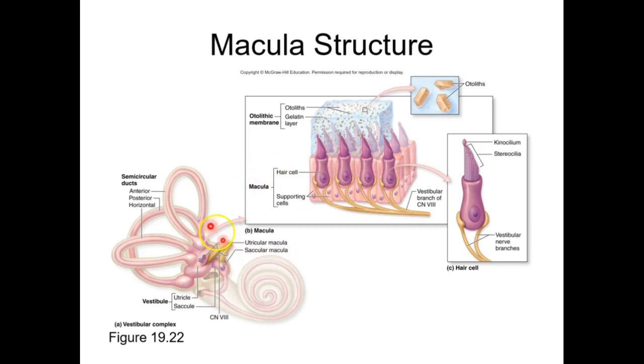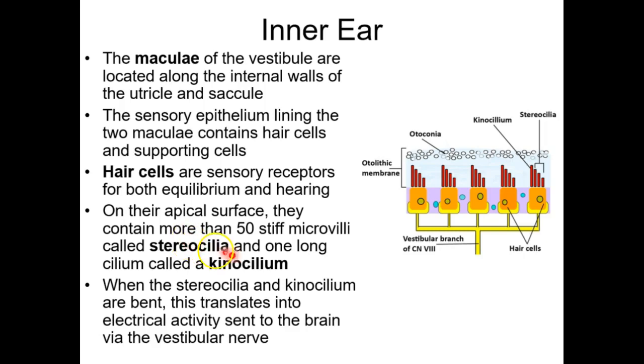This fluid, this endolymph that travels through that membranous labyrinth, it also plays a role in things like certain vertigo disorders like Meniere's disease. So vertigo is another thing here. Let's see, stereocilia, kinocilia, hair cells, macula.